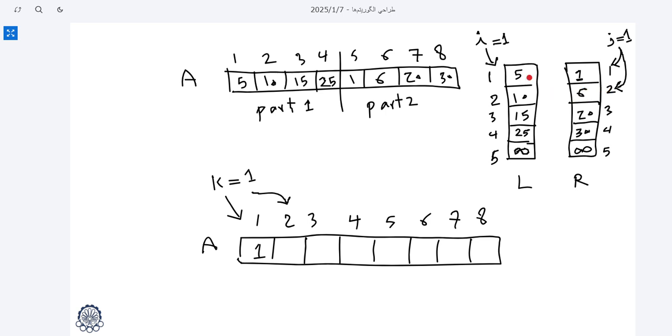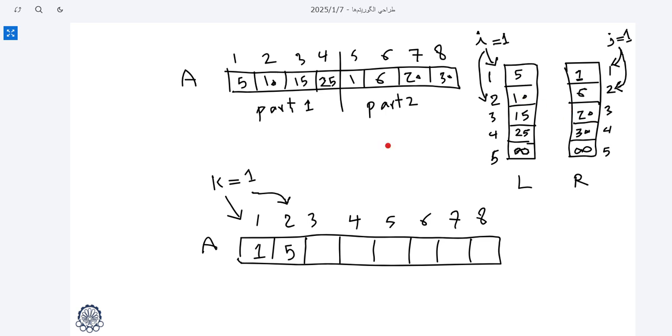Then we compare 5 and 6. Whichever is minimum is copied to the array A and its index is increased. Here between 5 and 6, 5 is minimum, so 5 is copied to array A and its index is increased by 1. So i is increased by 1, i is now 2.